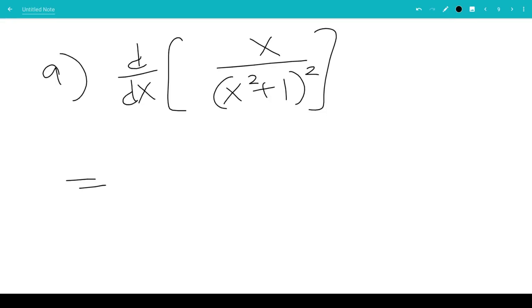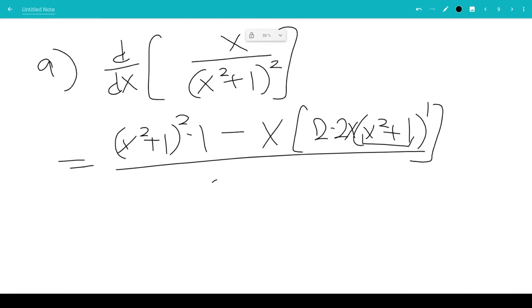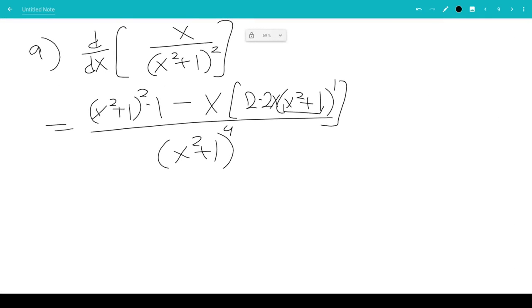Another quotient rule problem. So we have the denominator times the derivative of the numerator, but the derivative of x is just 1, minus the numerator times the derivative of the denominator, which is 2 times (x squared plus 1) to the first power, times the derivative of the inside, which is 2x, over the denominator squared, so it'd be (x squared plus 1) squared squared, so it's to the 4th power.